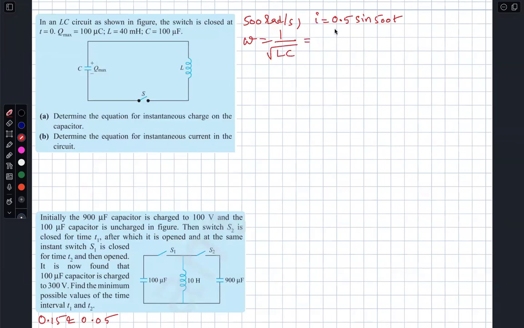1 by root LC. 1 by under root of 40 into 10 power minus 3 into 100 into 10 power minus 6.